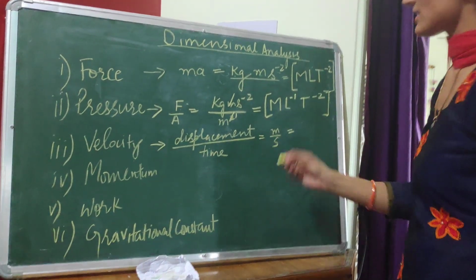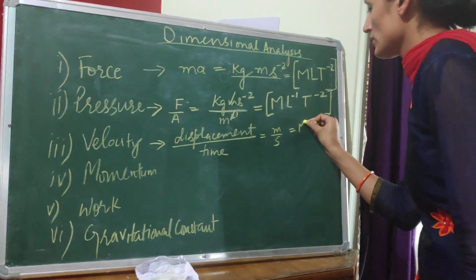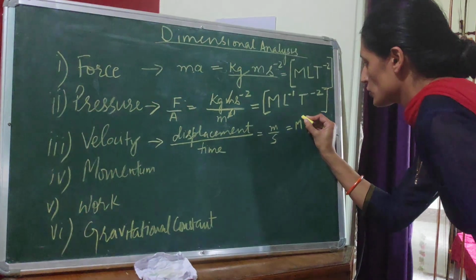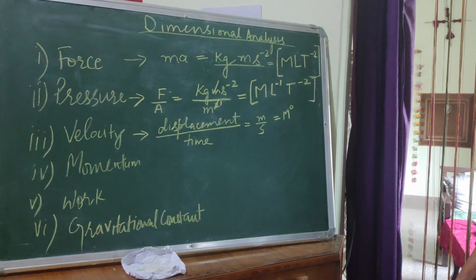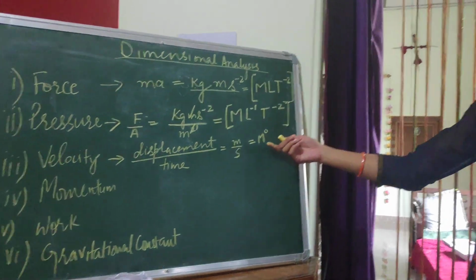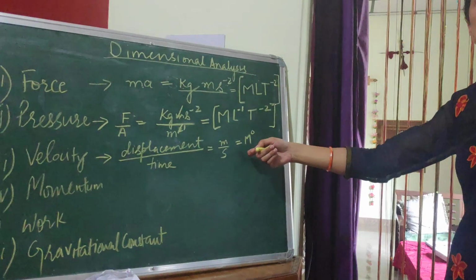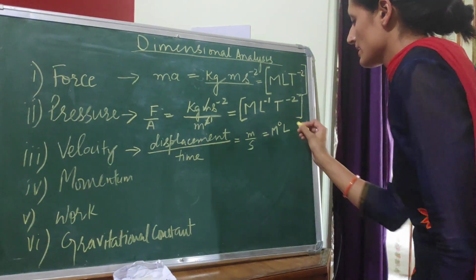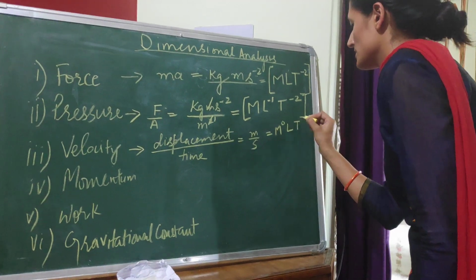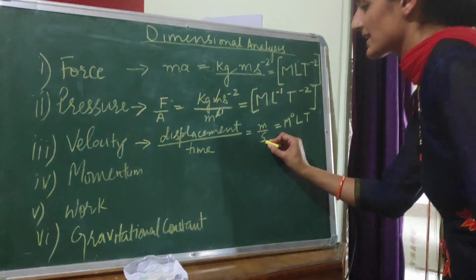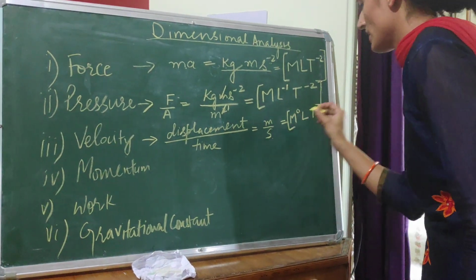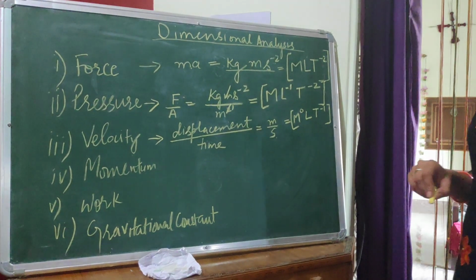In such a physical quantity, if I want to write it in terms of M, we can put 0, since anything raised to the power 0 is 1, so there is no need to write M. Meter is L and second is T. When we take second to the numerator, it will come as minus 1.